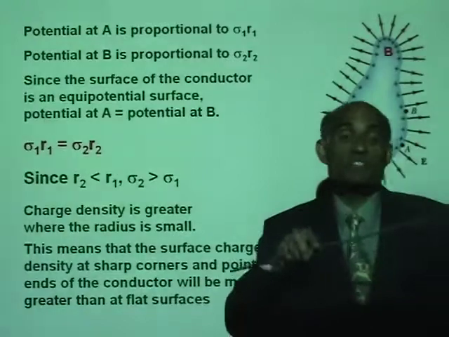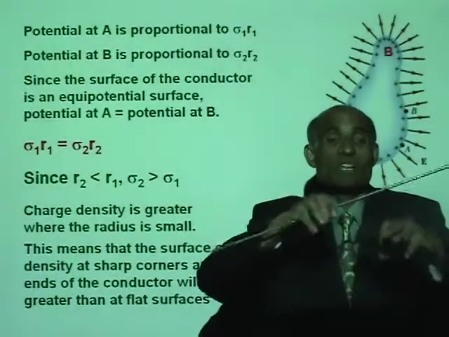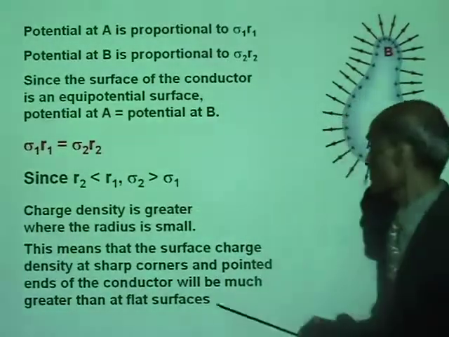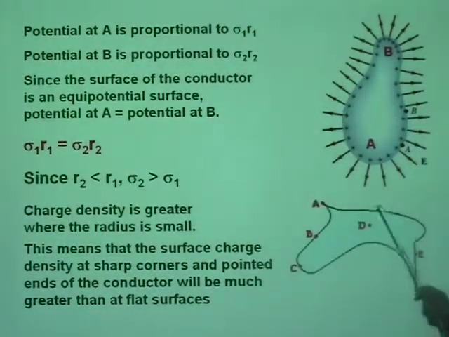So, if a surface is flat, the charges will be uniformly distributed. Whereas, if you have pointed ends, now look at this conductor. Now, where will the charge density be greater?